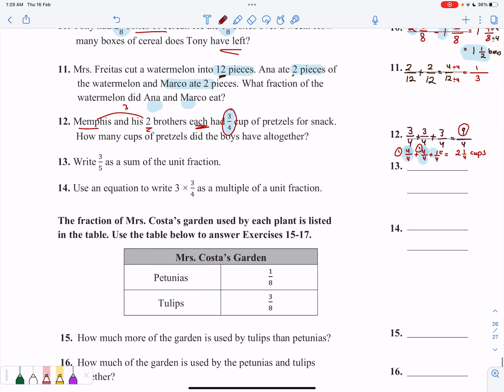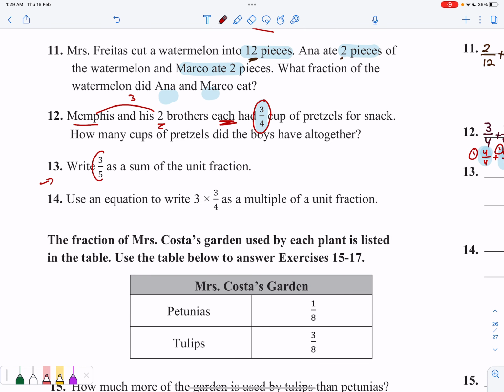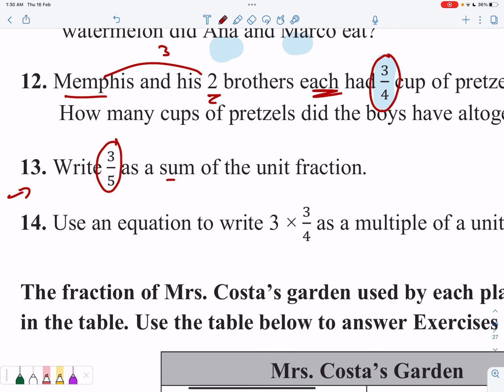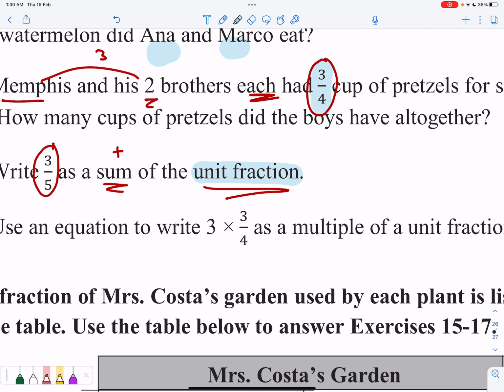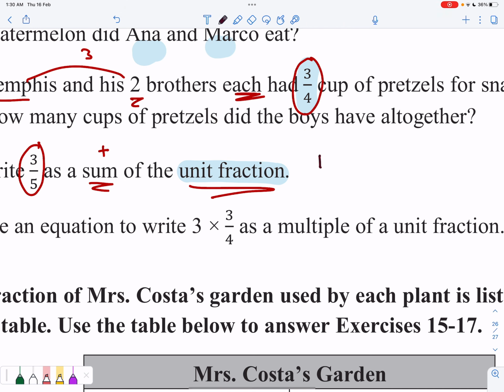Okay, so question 13 says, write the fraction 3/5 as a sum of unit fractions. What do we mean by sum? Like an adding equation, a fraction plus fraction plus fraction of unit fractions. Do you remember what a unit fraction is? A unit fraction is a fraction whose numerator is the number 1.